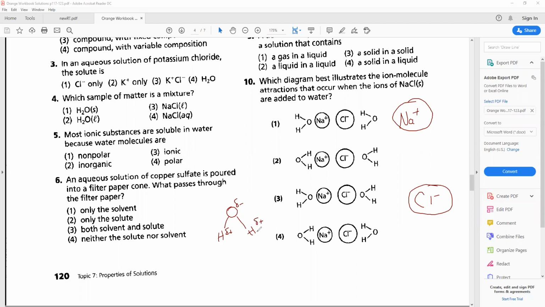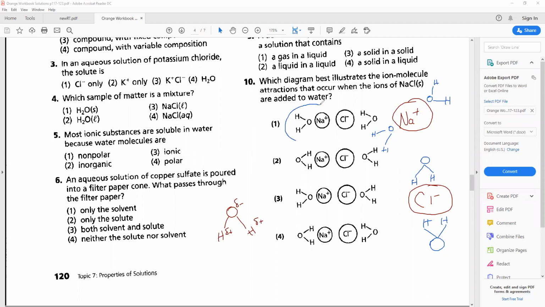Which one is the positive? The hydrogen. So therefore, it's going to orient itself like this. And what's going to be attracted to the positive? The negative. Which one is the negative? Oxygen. The sodium is going to be attracted to the oxygen.